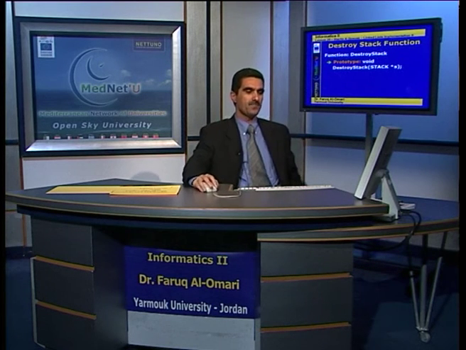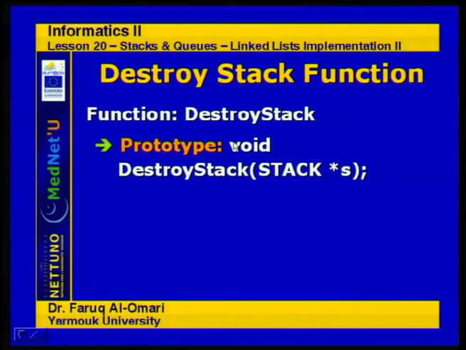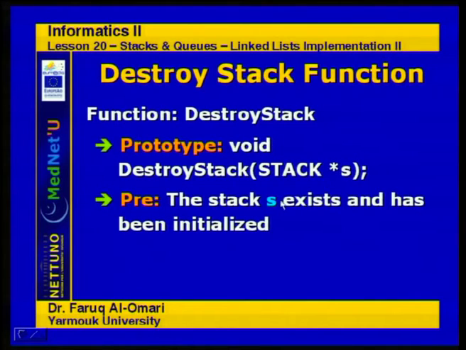Well, basically, this function is going to be of type void, and it's going to take as its input a pointer to the stack. Okay? As a precondition, I'm assuming that this stack already exists and has been initialized. It has some entries inside it.